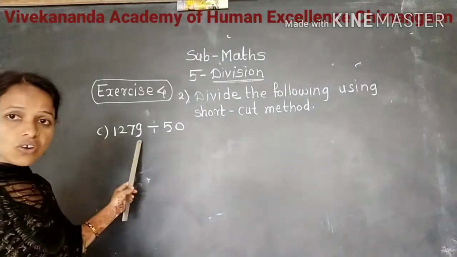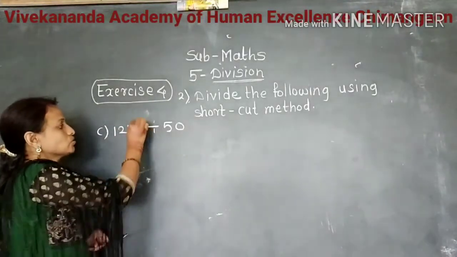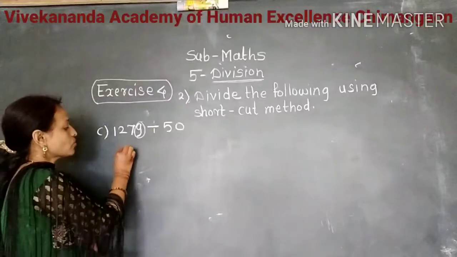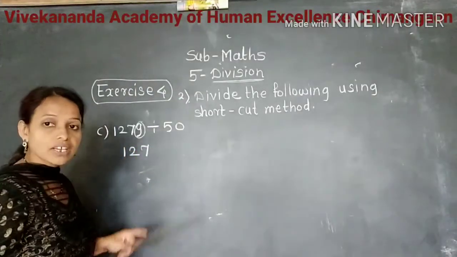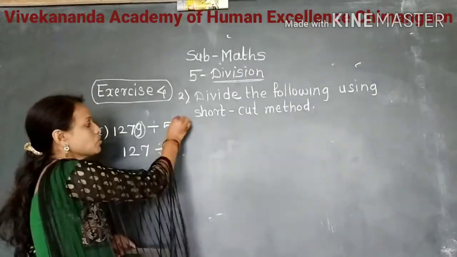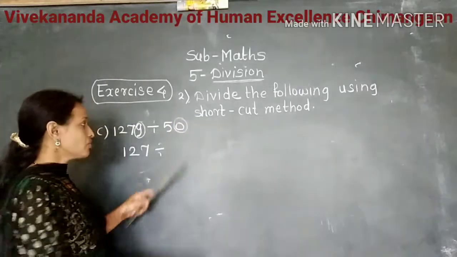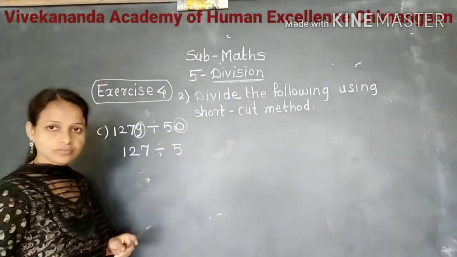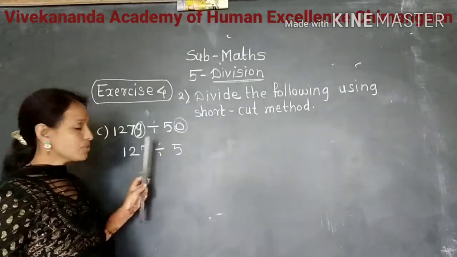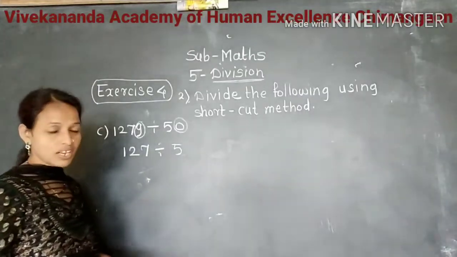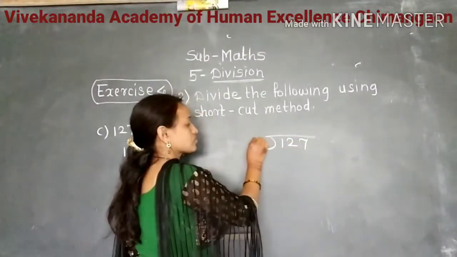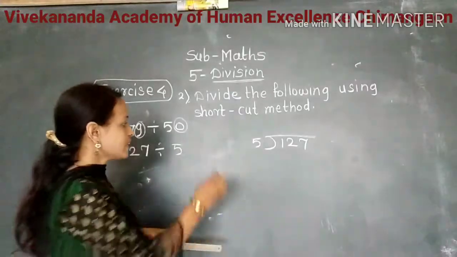The ones digit of the dividend is 9, so by removing it we get the new dividend 127. The divisor is 50, the ones digit is 0, and by removing it we get the new divisor 5. Here we removed the ones digit from dividend and divisor and got new dividend 127 and 5. Now we will divide. Okay, now we will write here 5, step 1.